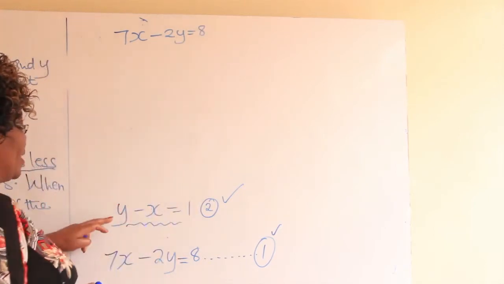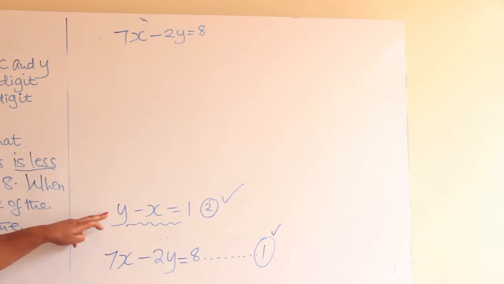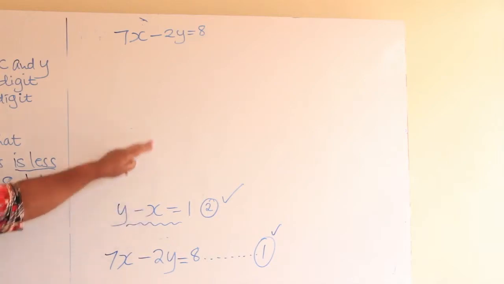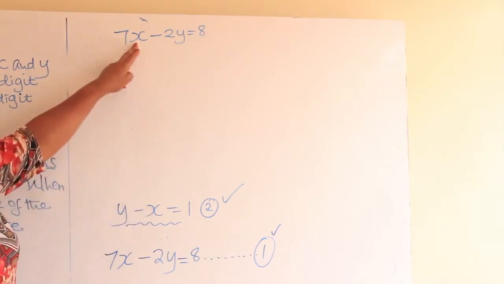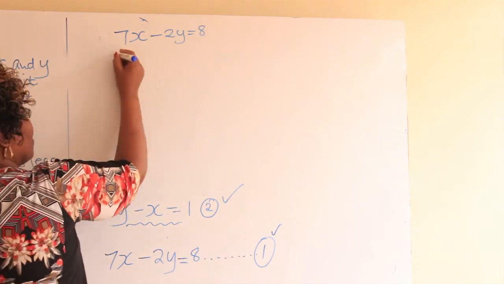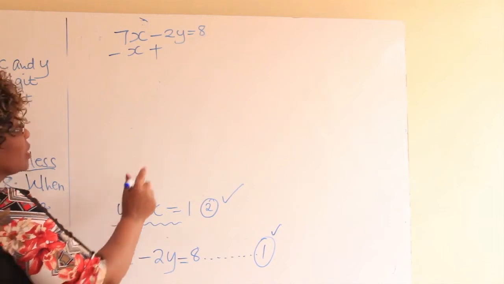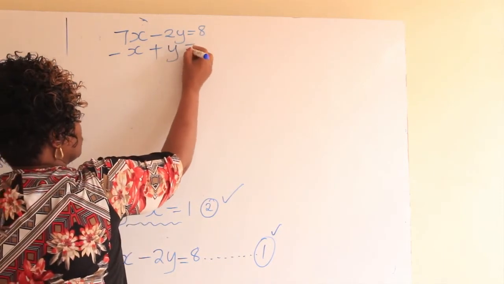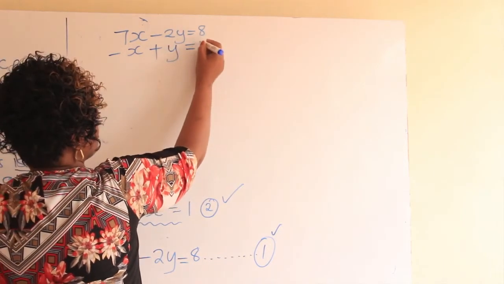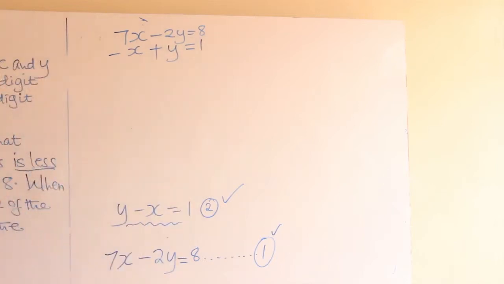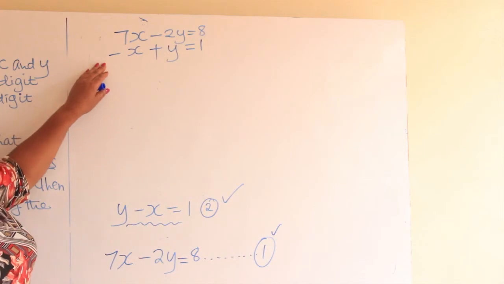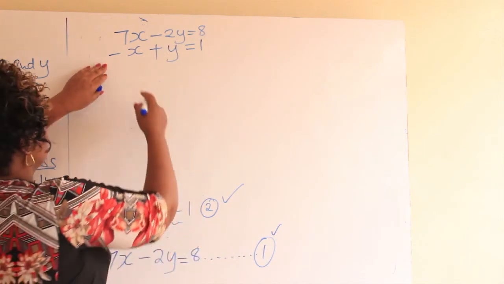And the second one, start with minus x so that they are in uniform with this one. So you write minus x plus y is equal to 1.